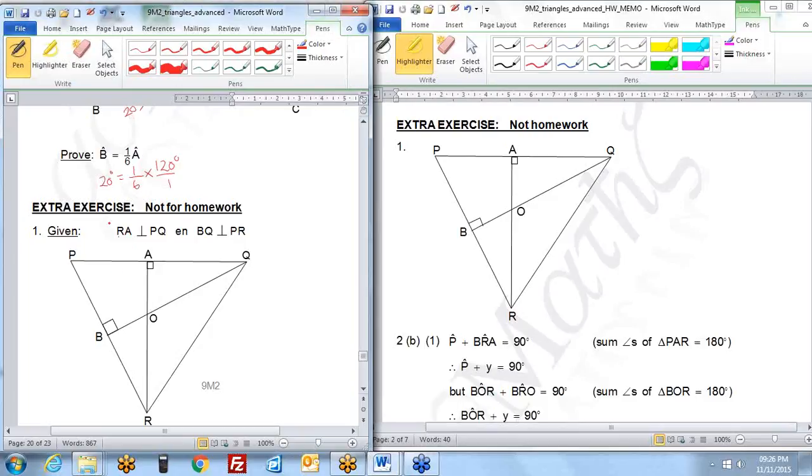So they give you that line RA is perpendicular to PQ and BQ is perpendicular to PR.